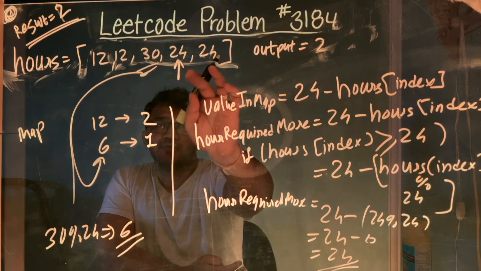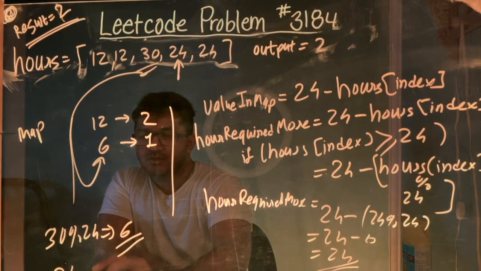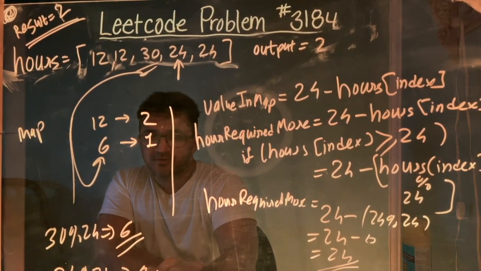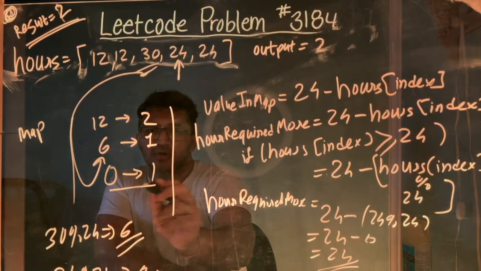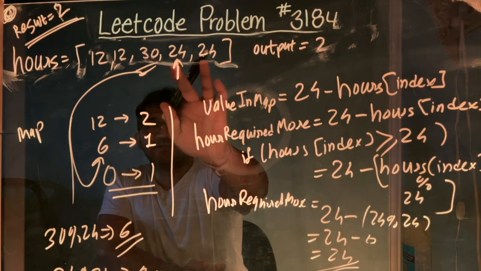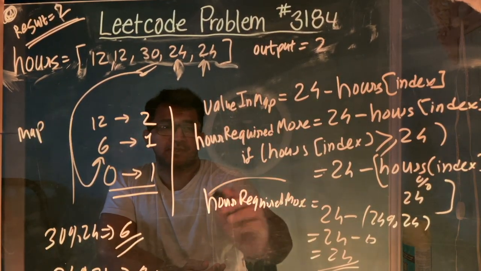When we do the same logic for 24 modulo 24, it's going to be 0, and we are inserting the 0 here. So the next time for the same 24, it will have the same calculation.